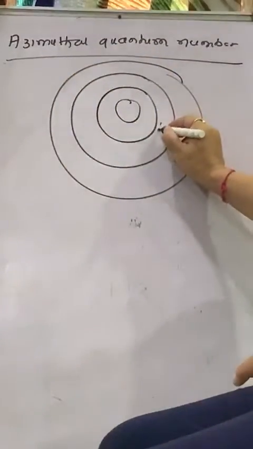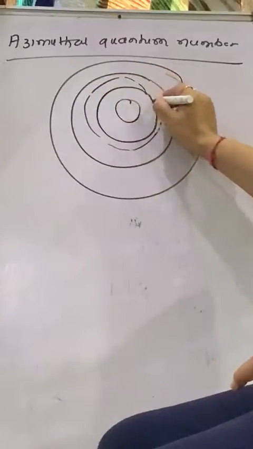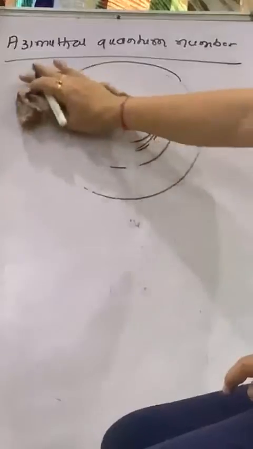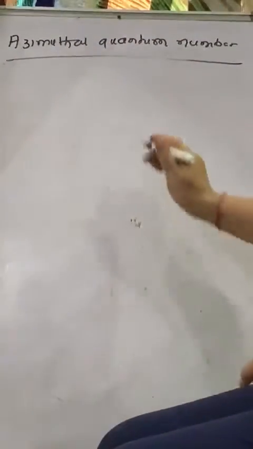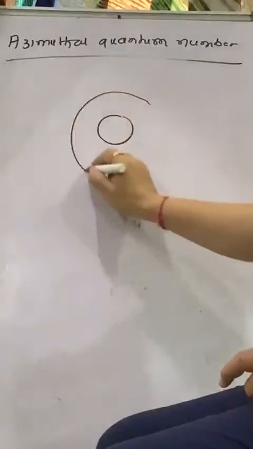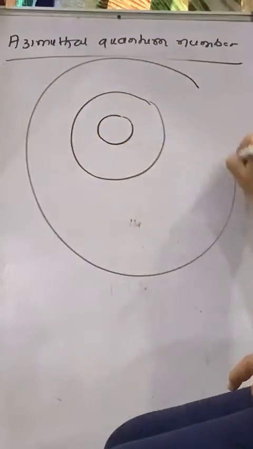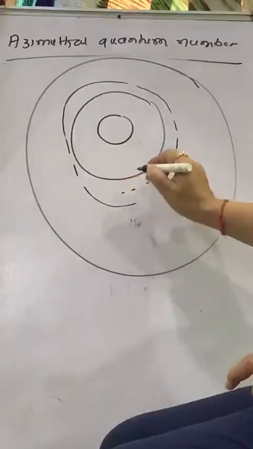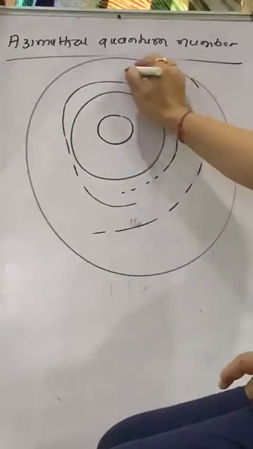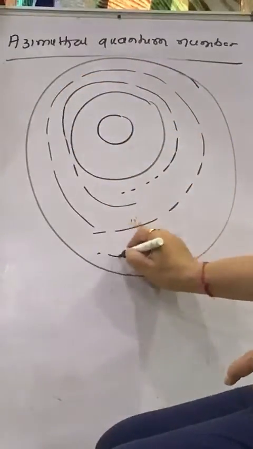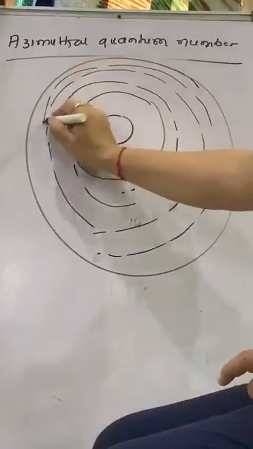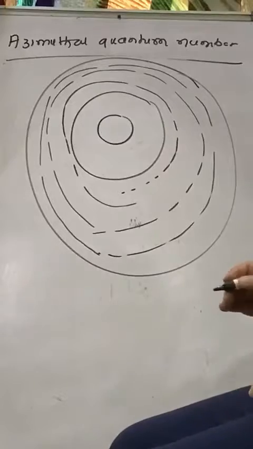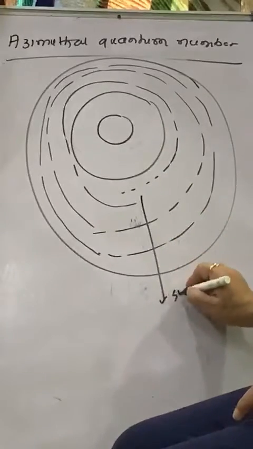The orbit is further subdivided into small fragmentations of suborbits over here. These are all suborbits.